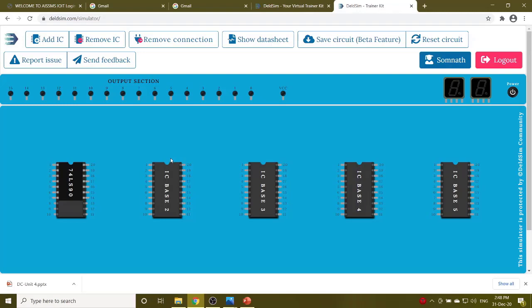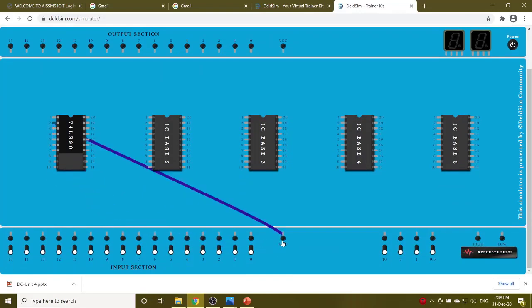Here, R0 pins 2 and 3 are connected to the ground.